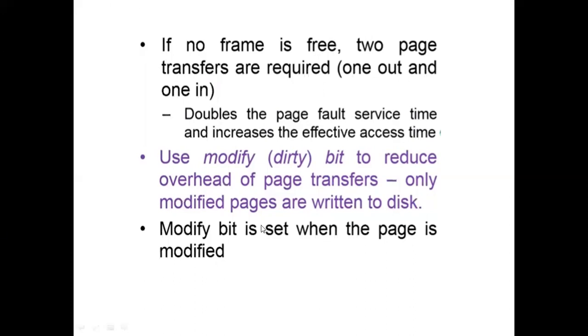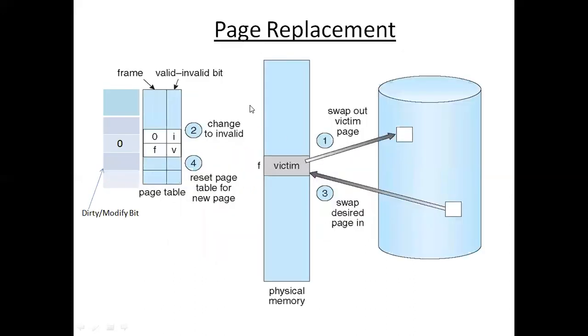That is when the concept of the dirty bit, or modify bit, comes into the picture. I will show you with the help of a diagram. In each page table, you know which page is mapped to which frame and whether it is a valid or invalid bit.